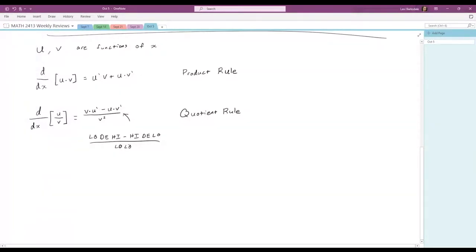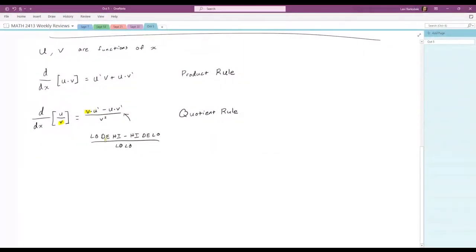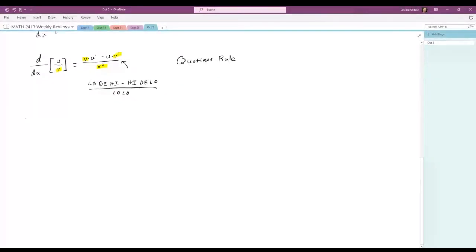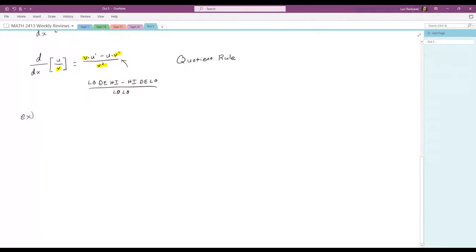So what this says is you take your bottom function, your low, multiply it by the derivative of your high function, and then subtract your high function times the derivative of low all over your low function squared. And that's just a little mnemonic. You can use it if you want. You can just memorize the formula too. Either will work. Just make sure you remember the quotient rule. So let's do some examples.